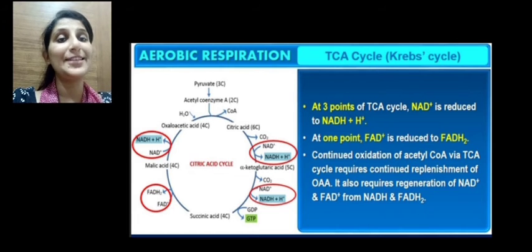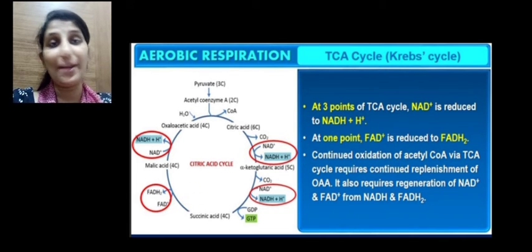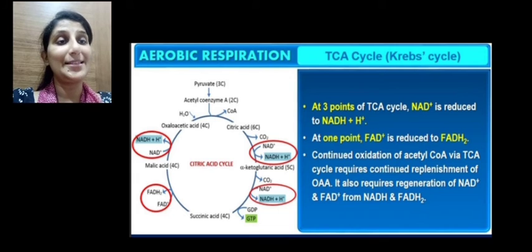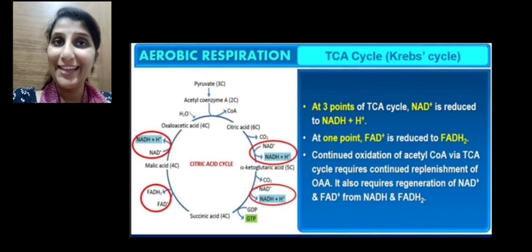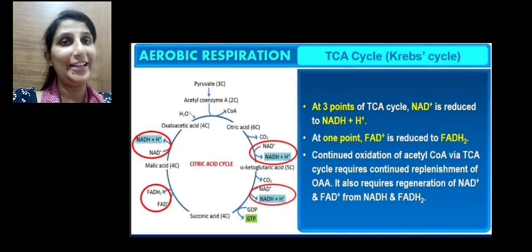And at one point, FAD is reduced to FADH2. For the tricarboxylic acid cycle to continue, continuous regeneration of oxaloacetic acid along with regeneration of NAD and FAD from NADH and FADH2 has to take place.